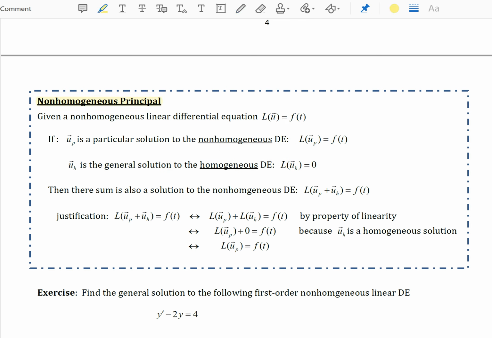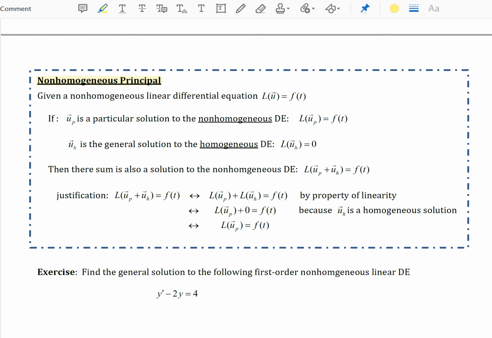The non-homogeneous principle. The non-homogeneous principle says, if you are given a non-homogeneous linear differential equation, now remember the terminology, a non-homogeneous differential equation means the right-hand side is not 0. That's what non-homogeneous means.